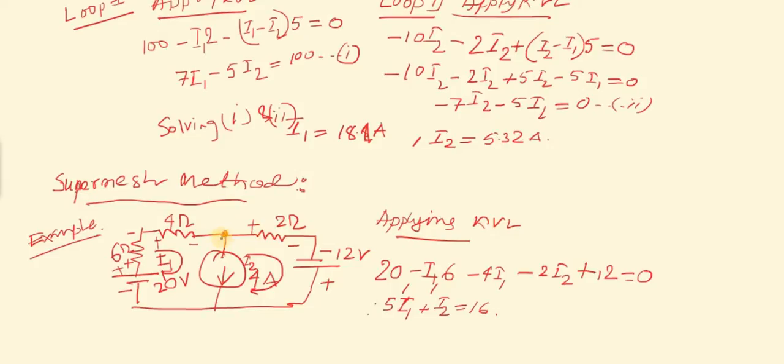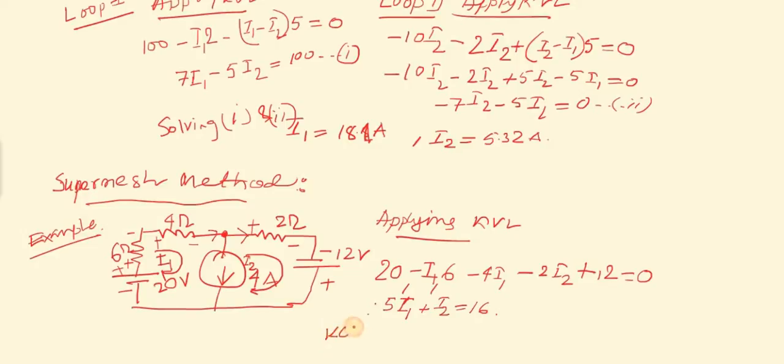Now we are going to write the KCL law at this node, and at this node you see this I1 current flowing through this branch, and this current is flowing through this branch, and this I2 is flowing through this branch. So what is this? This is equal to the sum of these two currents.